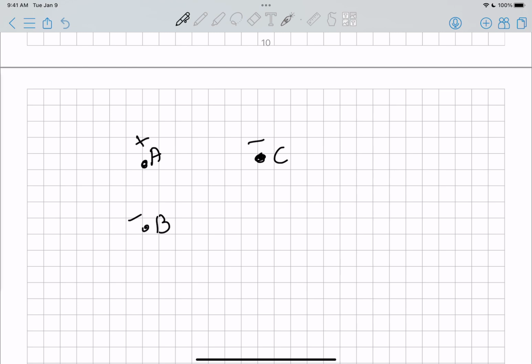Now, if you think about it, your charge at point C, if they told us this was a negative 7 nanocoulomb charge, and this was positive 6 nanocoulombs, and this was negative 5 nanocoulombs, and they asked what's the electric field strength at C, or what's the net electric field at C, then I would only factor in EA and EB.